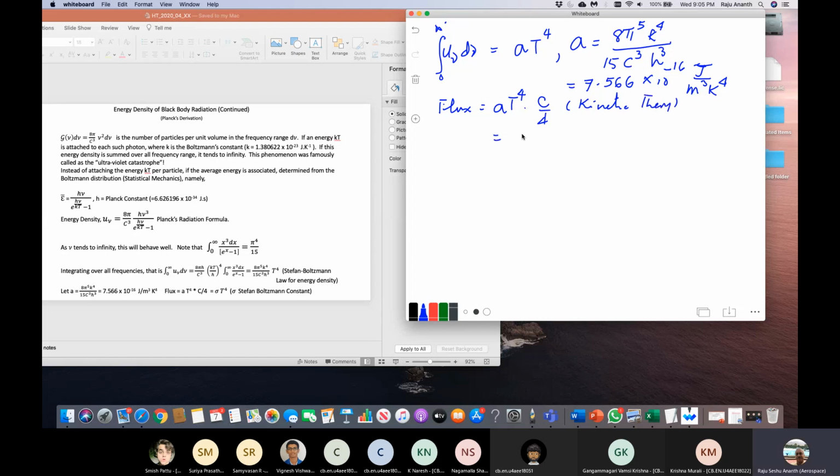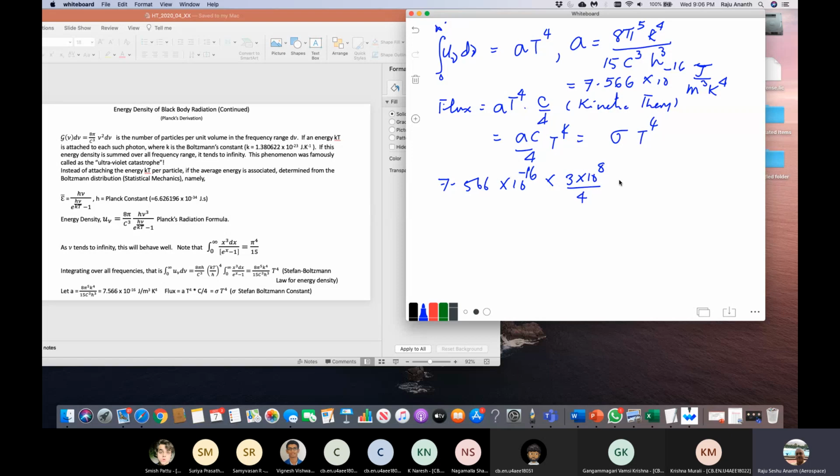So if I do a c over 4, this becomes sigma T to the power of 4. So c is meter per second. Anybody can do this for me? 7.566 times 10 to the power of minus 16, was it? Yeah, minus 16, multiplied by 3 times 10 to the power of 8 divided by 4.